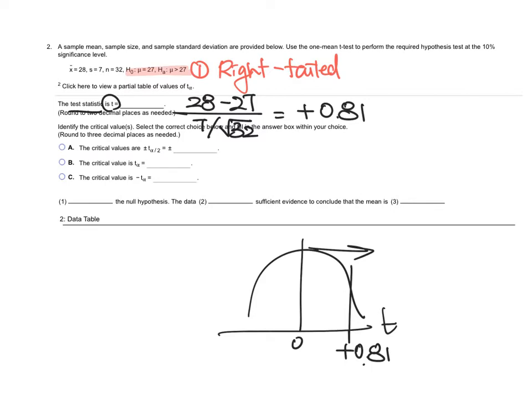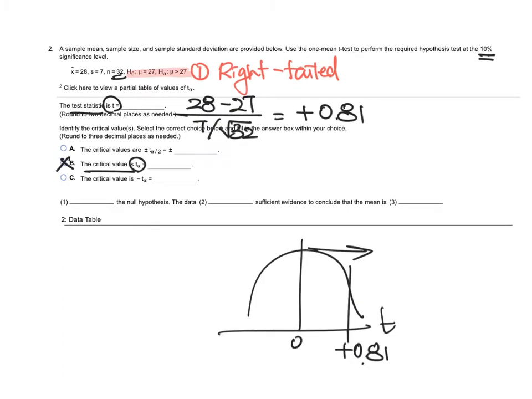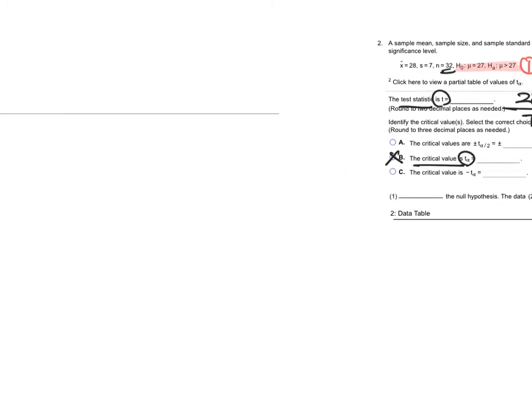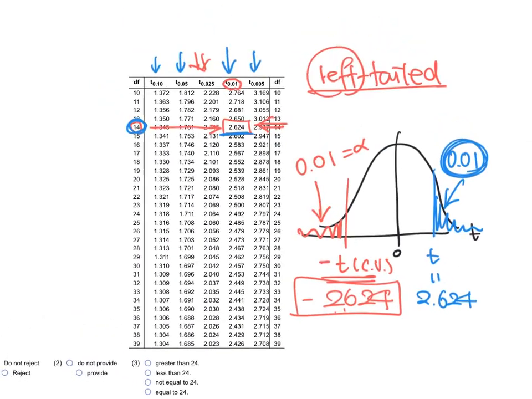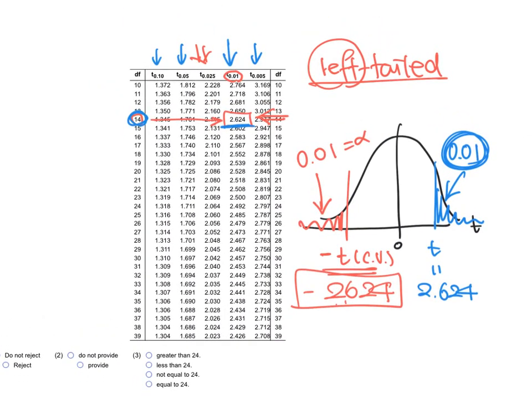And now we can take the positive test statistic. Now the alpha is 10% and the degree of freedom will be 31. So let me go to the t-table. 10% and 31.